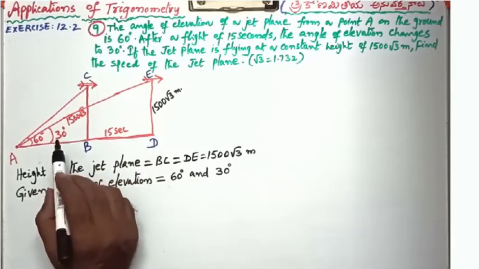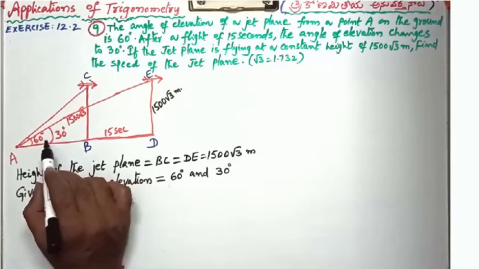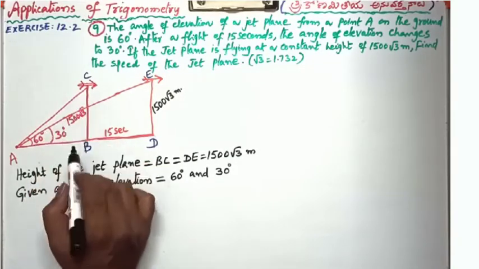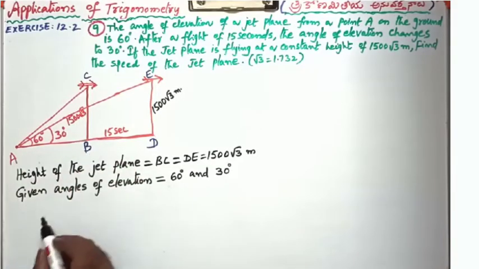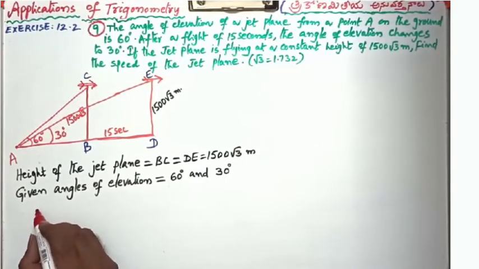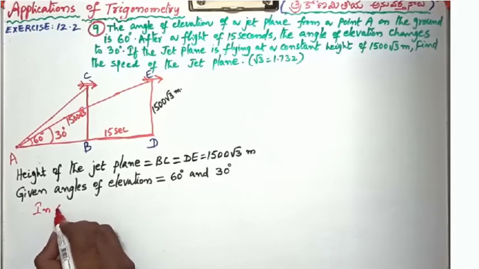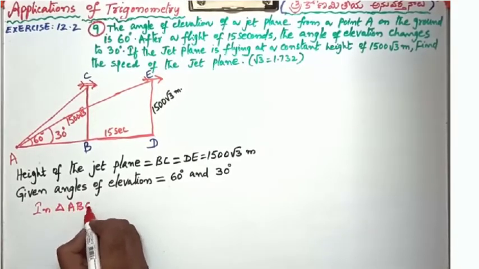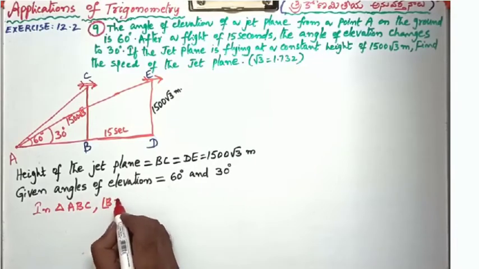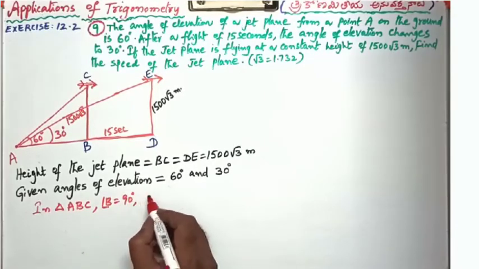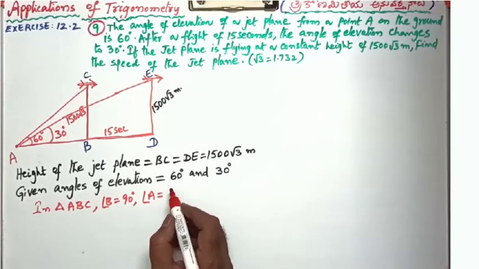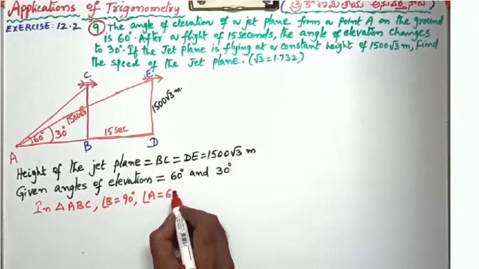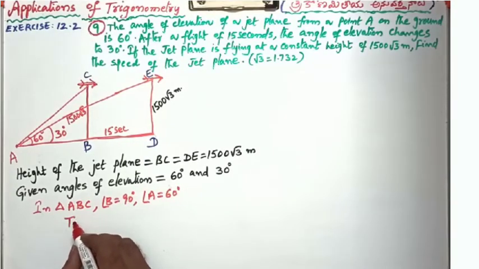Okay, in this problem we have two angles, so there are two right angle triangles. Please take one right angle triangle. In triangle ABC, angle B is equal to 90 degrees, angle A is equal to 60 degrees. Now take a trigonometric ratio.